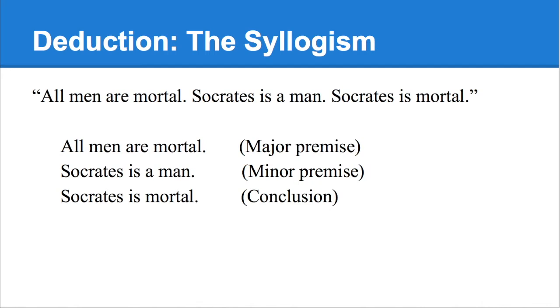And that's a very useful thing to recognize about syllogisms: if you recognize what the middle term is, in this case it's men, then we know that the conclusion has to have the other parts of the syllogism, not the middle term. Okay, that's a syllogism. Major premise, minor premise, and conclusion. The middle term is the term that shows up in both major and minor premise. The conclusion has the two remaining terms joined together.